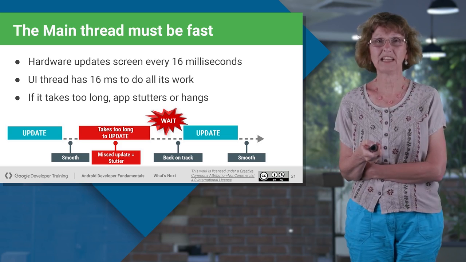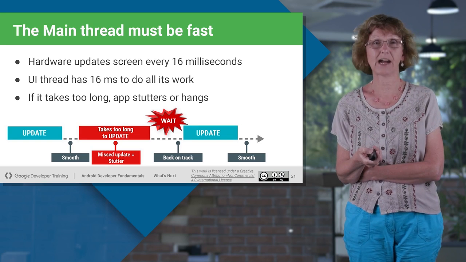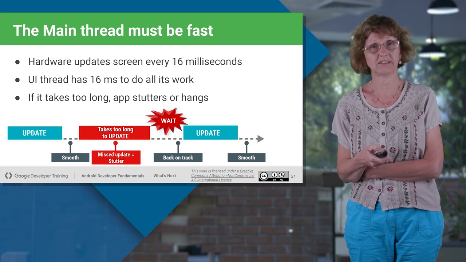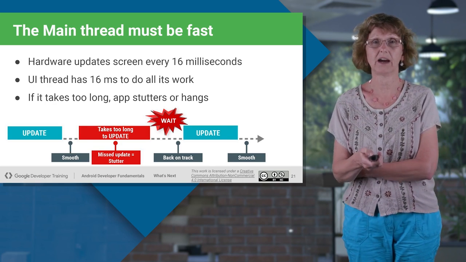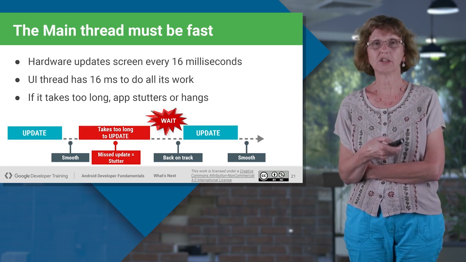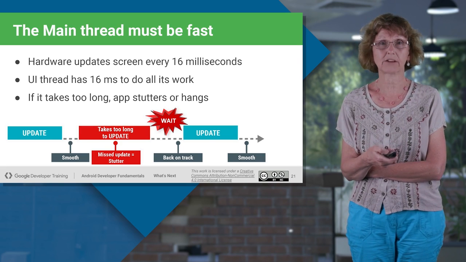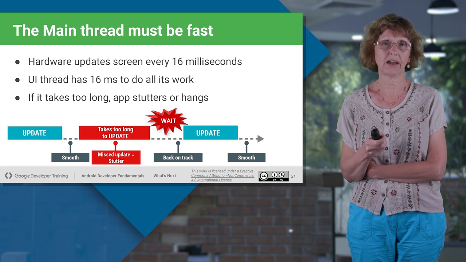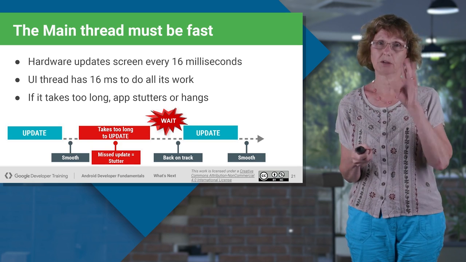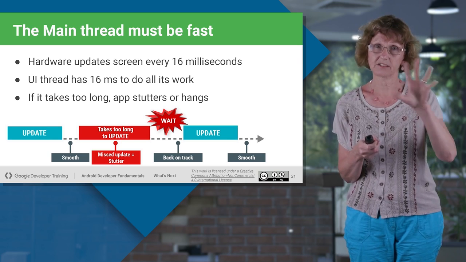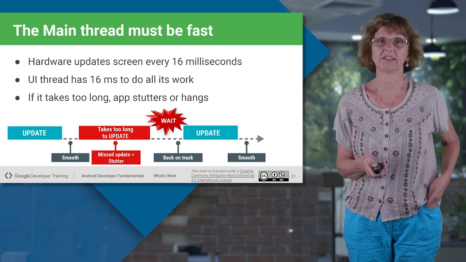So you learned already about running tasks in the background. You use the async task and the async task loader to offload the work for connecting to the book search API. And one of the reasons that you have to do work in the background is that the UI thread updates every 16 milliseconds. So, the screen renders, displays to the screen every 16 milliseconds.